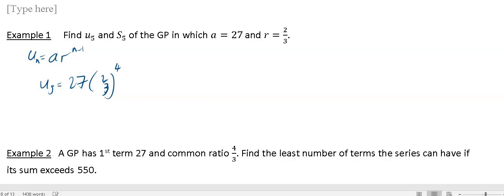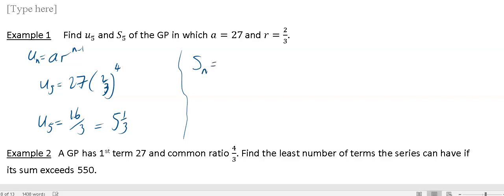Fire that into your calculator and see what you get. And I got U5 is equal to 16 over 3. If you don't like that, you can of course write that as 5 1/3, but 16 over 3 would be fine for me. Next thing, we want to find our S of 5.